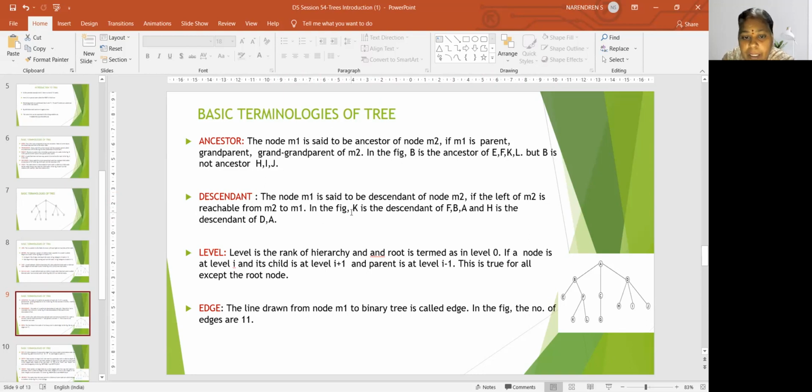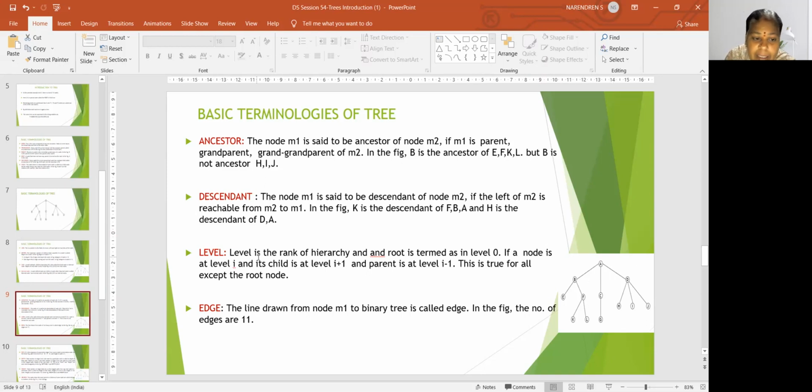Taking this example, K is the descendant of F, B and A, and H is the descendant of D and A. See, K is here; K is the descendant of F, B, A. You can go like this.